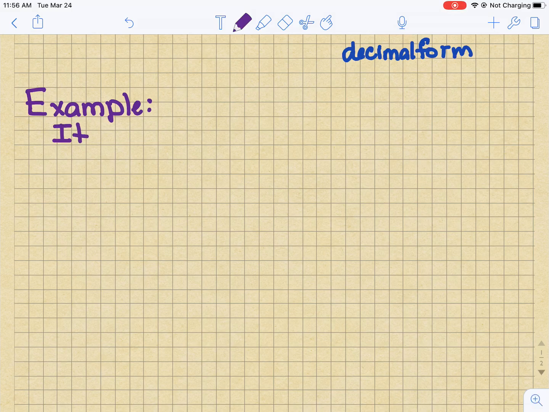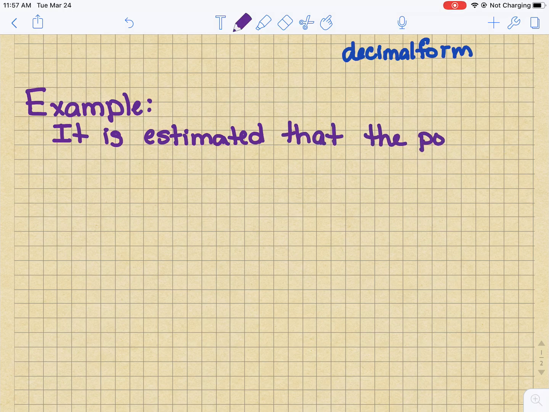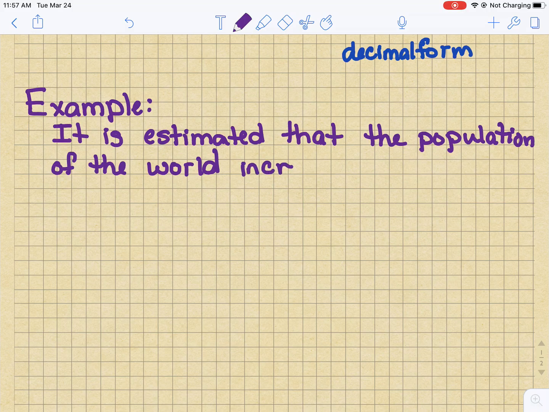It is estimated that the population of the world increases an average annual rate of 1.2%.